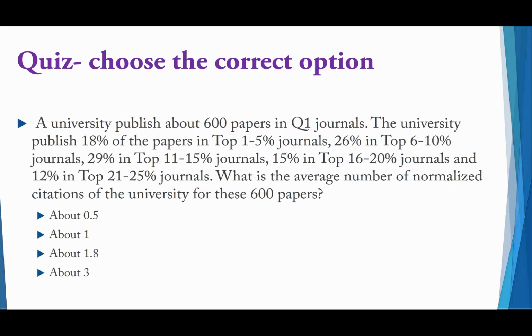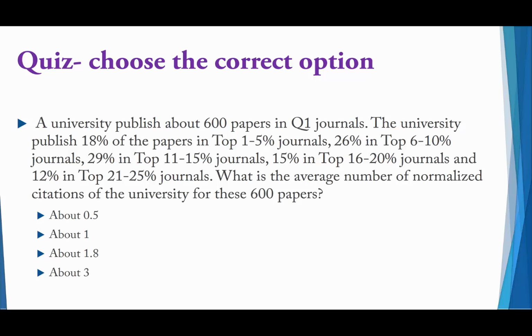Choose the correct option. A university published about 600 papers in Q1 journals. The university published 18% of the papers in the top 1 to 5% journals, 26% in the top 6 to 10% journals, 29% in the top 11 to 15% journals, 15% in the top 16 to 20% journals, and 12% in the top 21 to 25% journals.